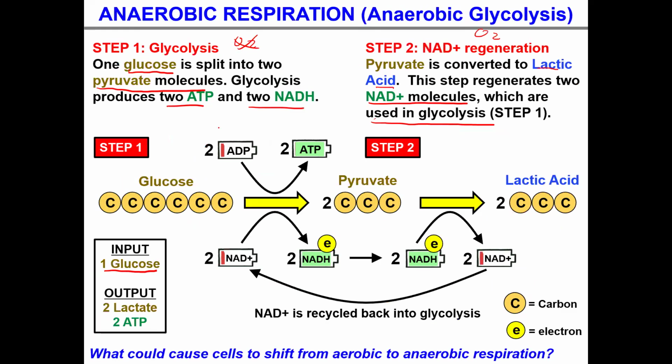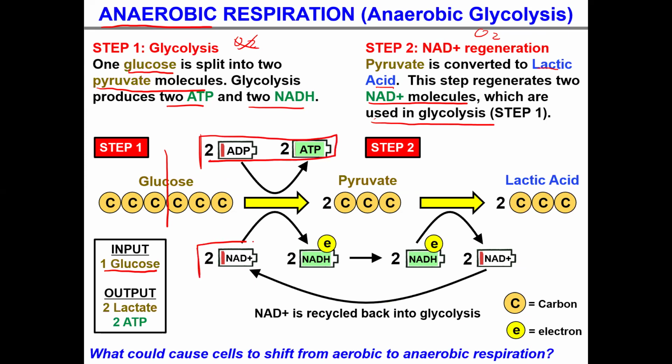But in this case, when we're looking at the absence of oxygen, again, it's going to go through lactic acid fermentation. So in step 1, we're taking that glucose, we're lysing it still. We're still going to produce 2 pyruvic acids. We're still making 2 ADP and 2 ATPs.